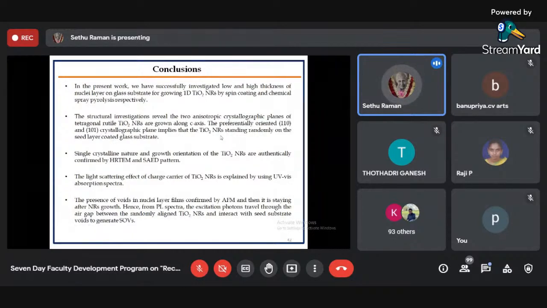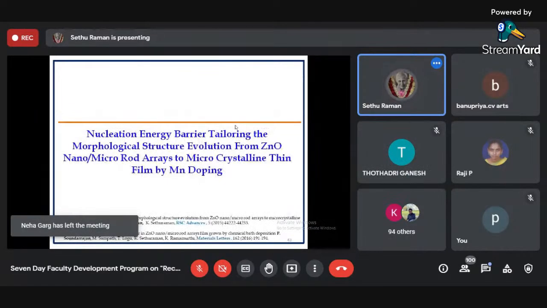Earlier people used a sophisticated wafer-based technique, but by this simple solution technique, one can easily control the growth pattern of one-dimensional TiO2 nanorods and their orientation by simply controlling the parameters of the solution.